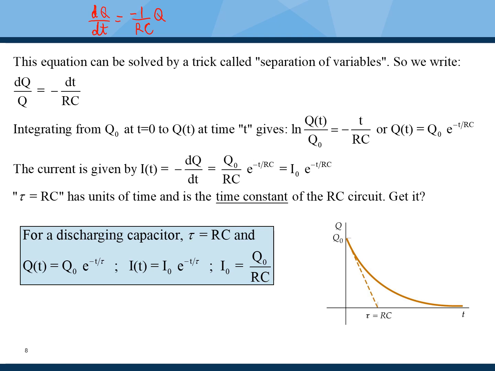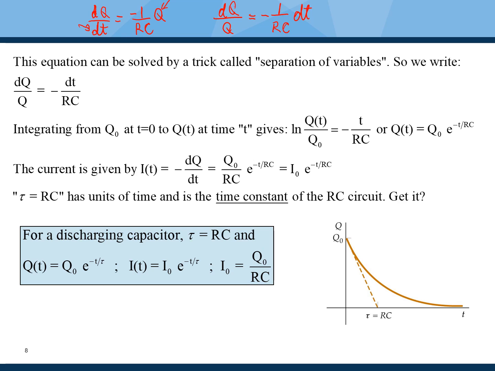So what we do is we basically take this q out here into the denominator on the left-hand side. So I obtain dq divided by q. And on the right-hand side, I take this dt that I have and I move it over to the right-hand side. So I get minus 1 over RC times dt. This process is called separation of variables.